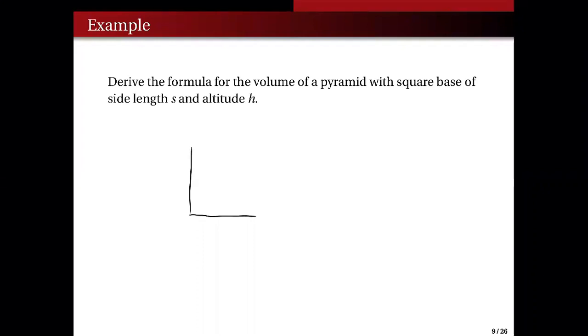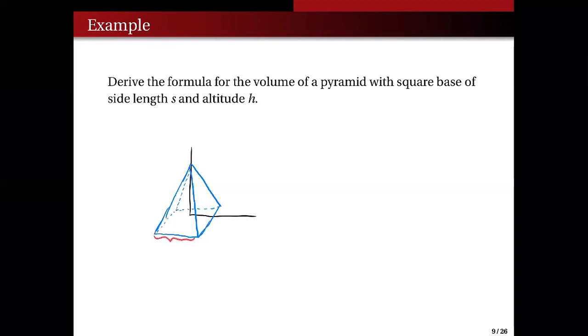So let me try to draw that one. Okay, so the pyramid will look something like this. If we try to follow the situation here, we have a square base.